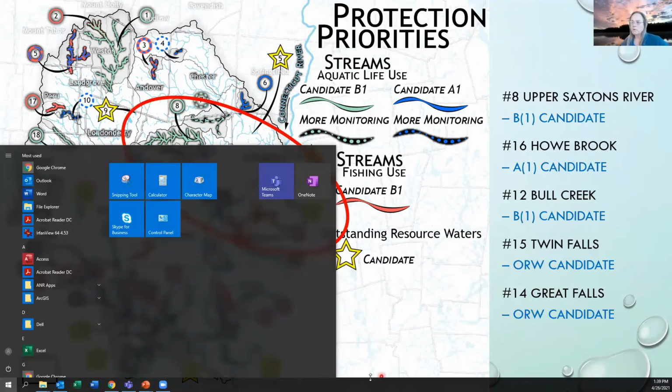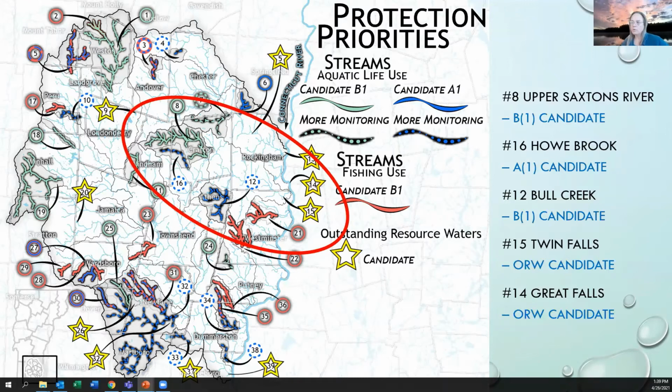Marie, this is Lisa. Can you explain again the upper Saxtons River? What exactly is the area that we're talking about there? It would cover the whole river from Grafton to the west. So from Grafton Village to the headwaters is currently meeting the criteria we have for a B1. Okay, so from Grafton Village all the way to the headwaters.